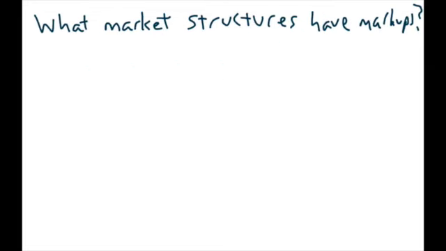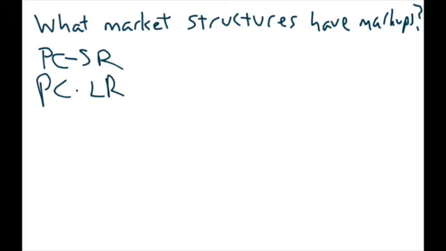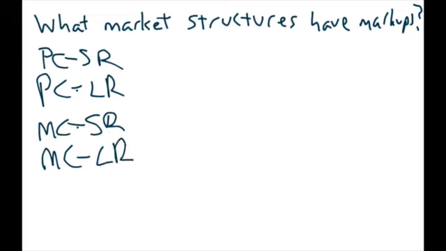Which market structures have markups? Well, we have 4 market structures, right? We have PC short run, PC long run, MC short run, that's also monopoly, and MC long run. All right. Well, you're going to have a markup by definition if P is greater than MC.